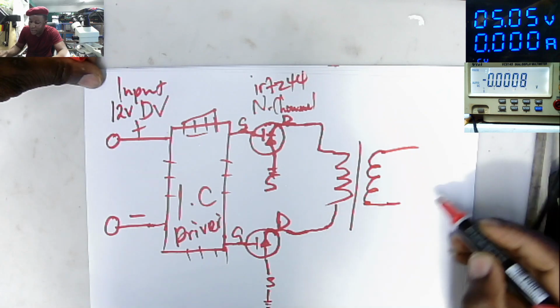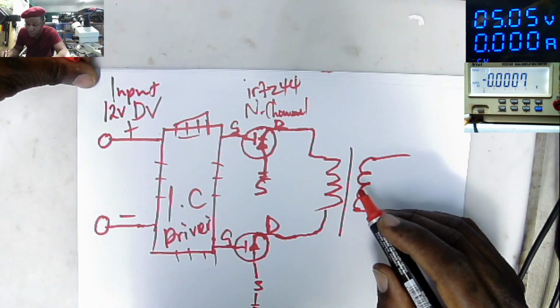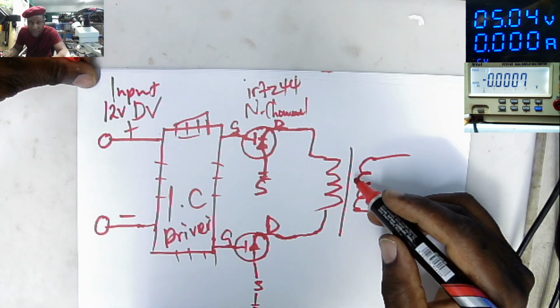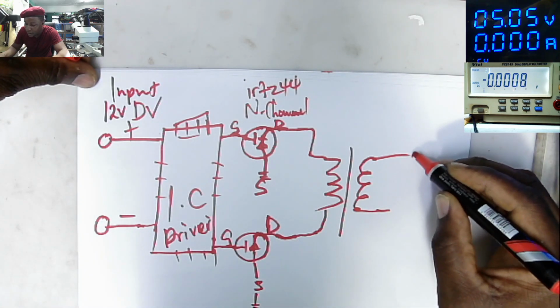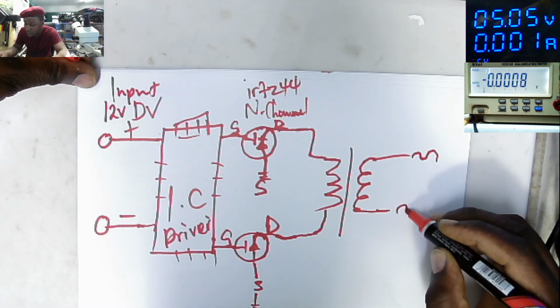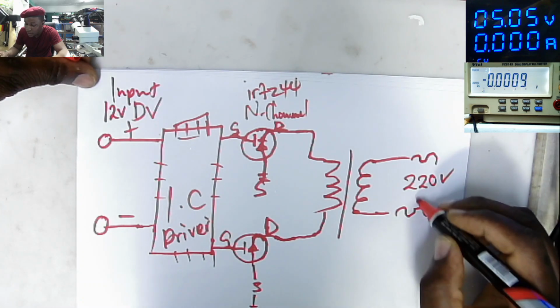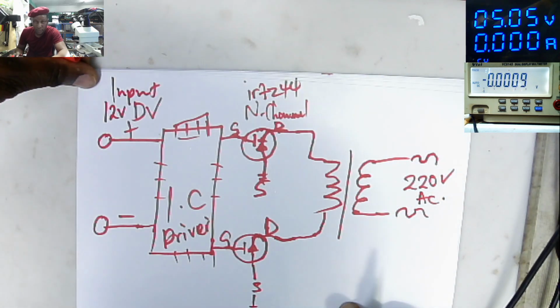On the secondary, what do we have? We have nothing, because this is like a linear transformer. It's a big transformer. On the secondary we have 220 volts AC. That's what we found here on the output.